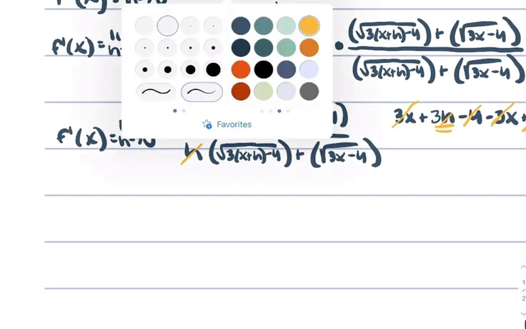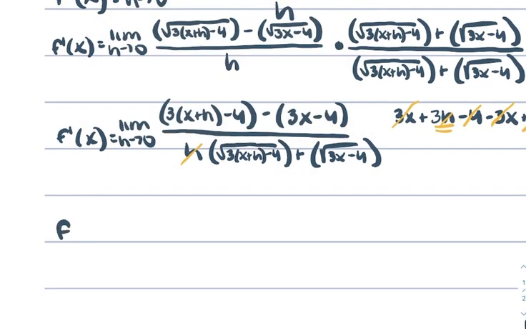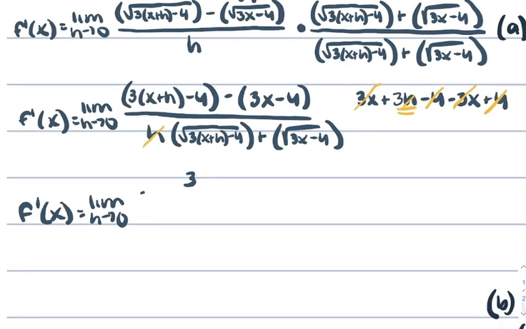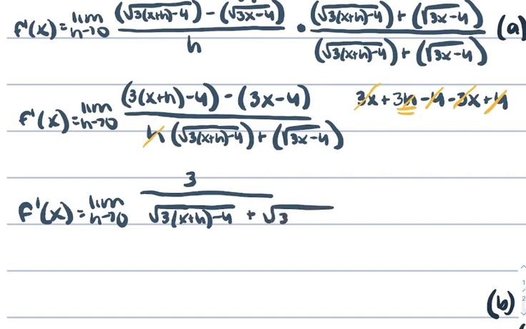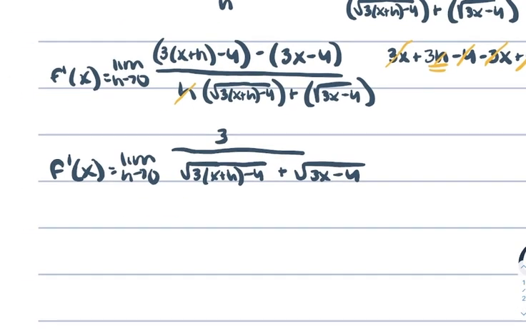So we would be left with f derivative of x equals limit h to 0, 3 on top, and then square root of 3x plus h minus 4 plus square root of 3x minus 4.